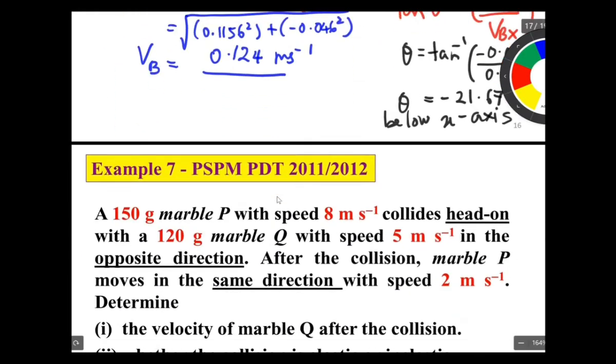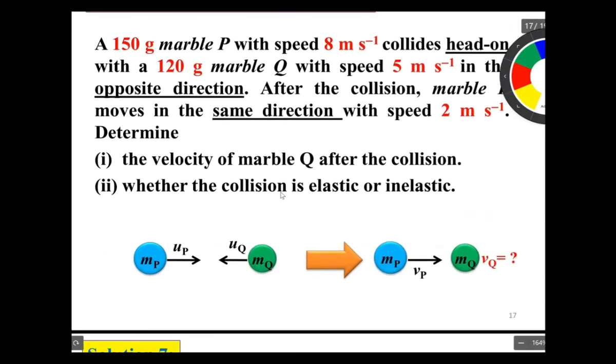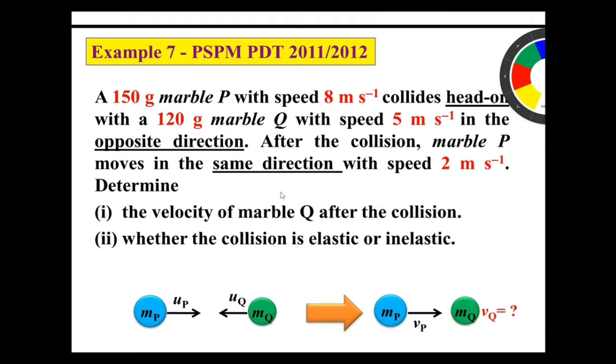And last example 7. Okay. Example 7, dia bagi a 150 gram marble P with the speed 8 meter per second collide head on with the 120 gram marble Q with speed 5 meter per second in the opposite direction.